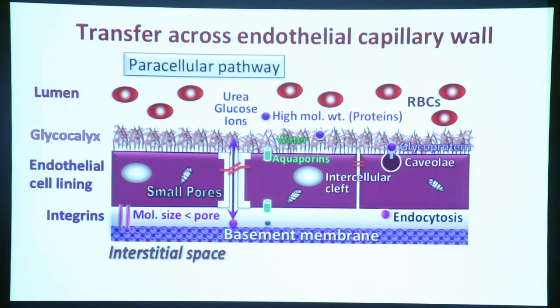This pathway is called the transcellular pathway. So the proteins go across through the transcellular pathway, described as endocytosis. Water also goes transcellularly because of the aquaporin channels available. This is how these molecules are transferred across the cell.